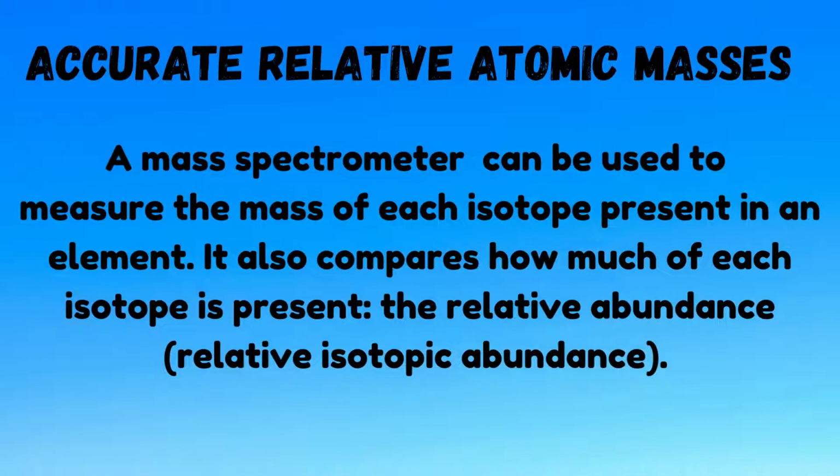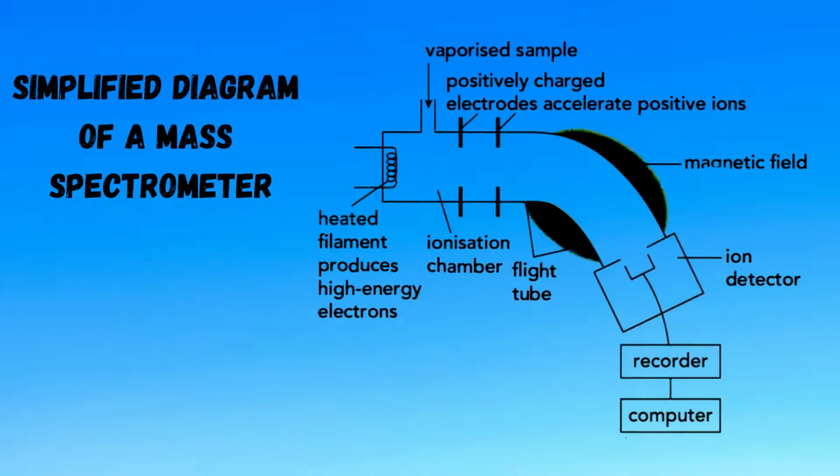Accurate relative atomic masses. A mass spectrometer can be used to measure the mass of each isotope present in an element. It also compares how much of each isotope is present, the relative abundance. That's called relative isotopic abundance. And this is a diagram of a mass spectrometer, simplified version. As you can see here, the vaporized sample is passed through the spectrometer.